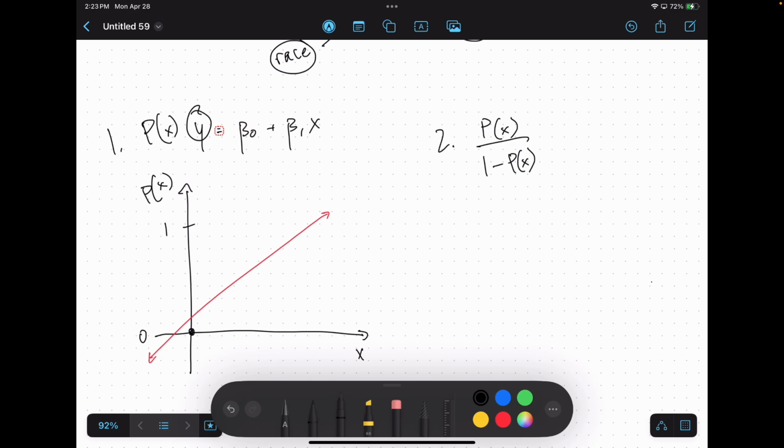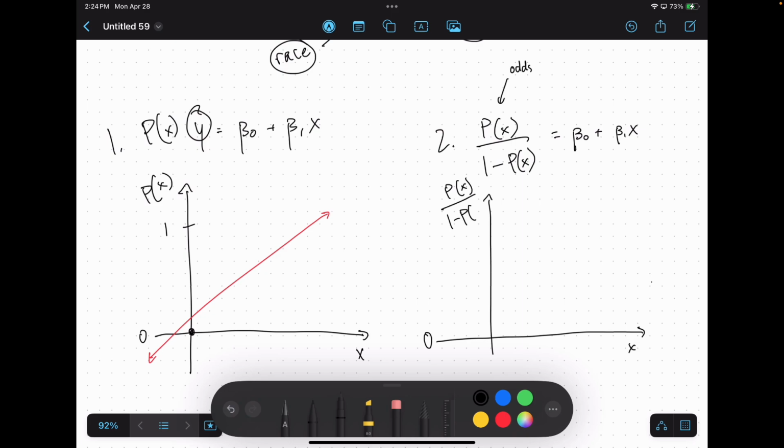Okay, so if you ever heard of a betting odds or something, it is in reference to probabilities that are arranged in this way. So if we do something like this, and you were to graph this, P of x over 1 minus P of x.